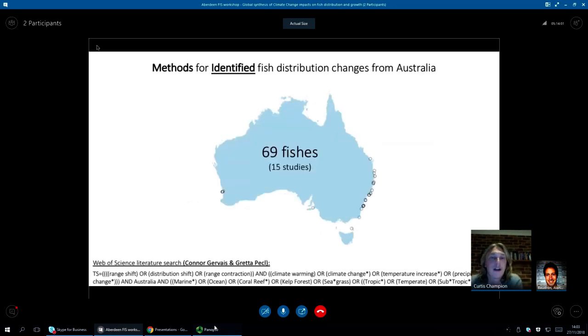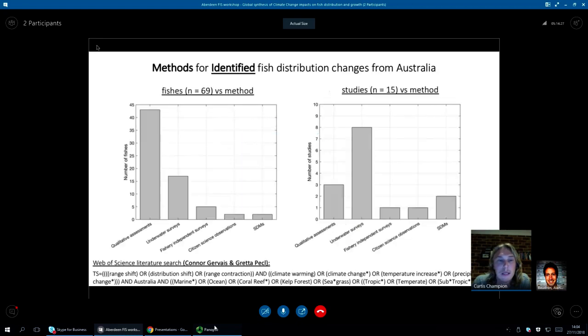If we really drive now into the published literature, and this is something that Greta, along with Connor Gervais and myself, are just starting to look at, was a literature analysis just focusing on Australian distribution shifts in the marine environment. I'm just looking at fishes here, and we have about 69 species identified from 15 studies. And if we look at the methods that have been used for these fishes and these studies, we see that qualitative assessments really dominate the majority of fishes that have been identified.